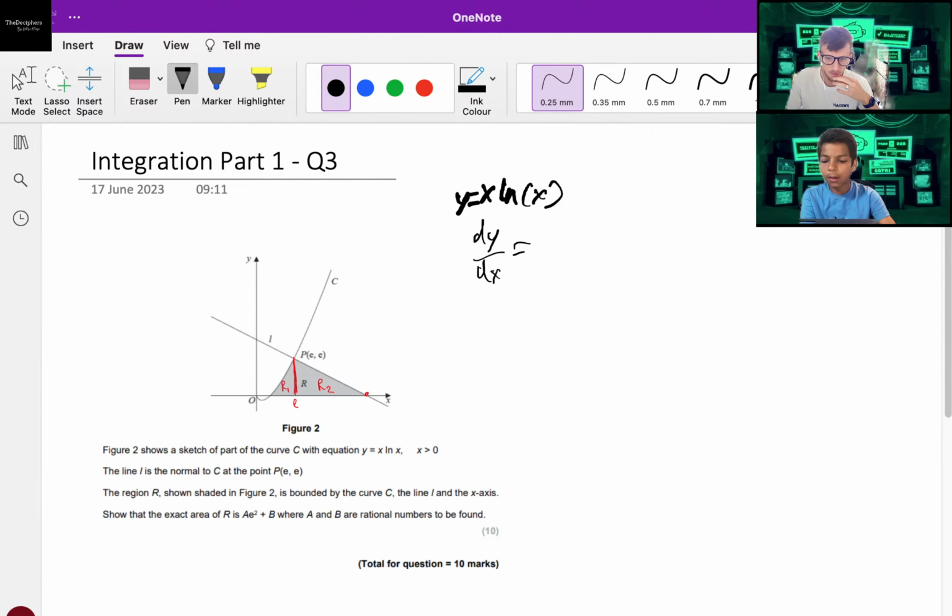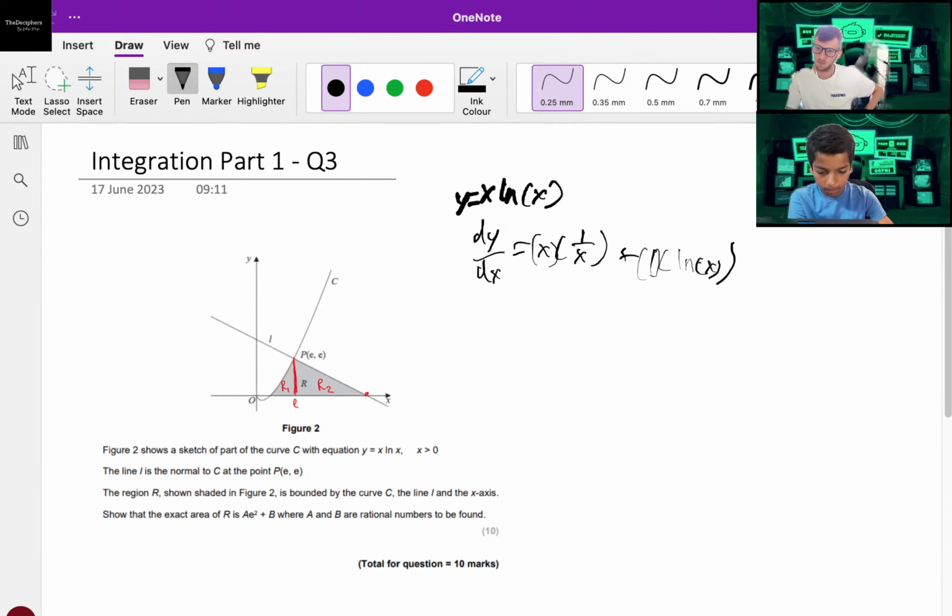So it's x times the derivative of ln x, which is I think 1 over x. Good stuff. And then plus the derivative of x, which is 1, times ln x, which is just ln x.